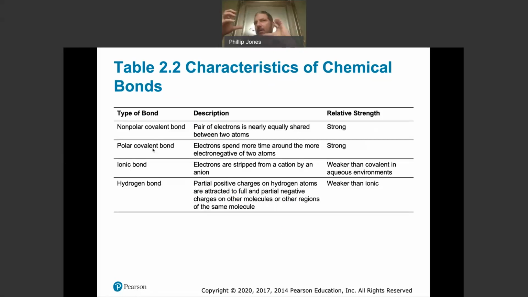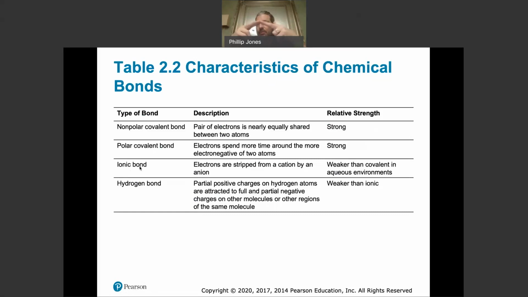So that electron is going to theoretically spend more time in the orbit of the stronger element, the one that is more highly electronegative, or just think of something that has more protons and neutrons. It has more weight or mass, and the more mass you have, theoretically more, think of it as gravitational pull or whatever towards that. Ionic bonds, remember, these are going to be a negative and positive coming together.